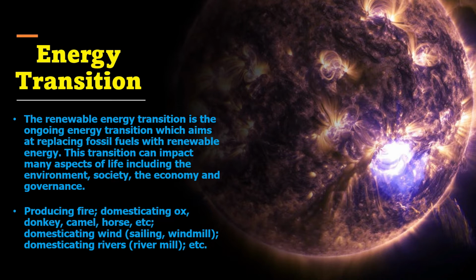Humans have long been involved in energy transitions. In earlier times, we used fire for producing energy. Then we went for the domestication of animals like ox, horses, donkey, and camel, and then we started harnessing wind energy, for sailing and for the windmill, and currently that energy is used for electricity generation.